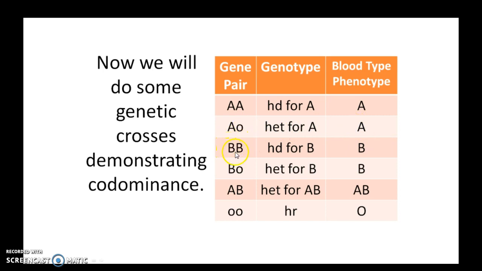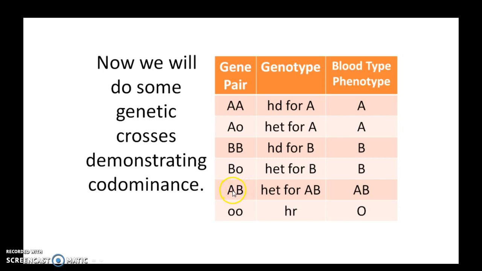Here we have homozygous dominant B, so 2 capital B's. That would give us blood type B. Here we have heterozygous BO. B is dominant over O, so this blood type would be type B blood. Then we have AB. Both A and B are dominant.